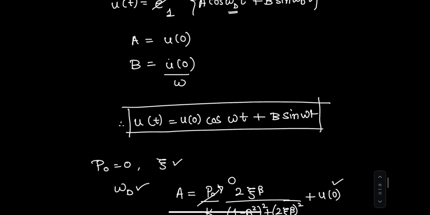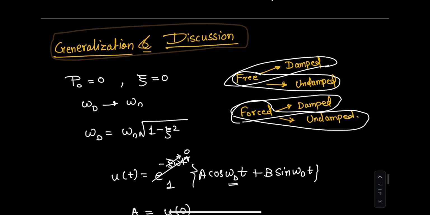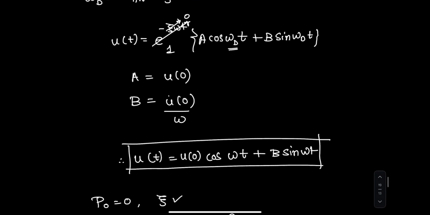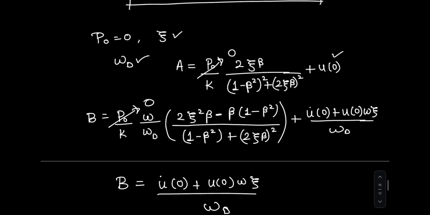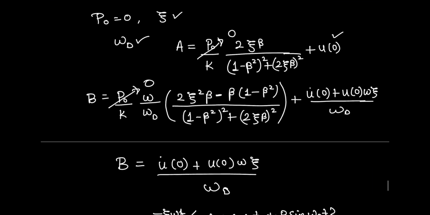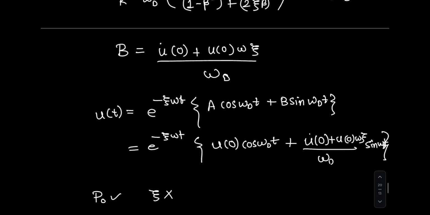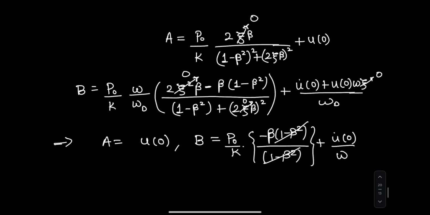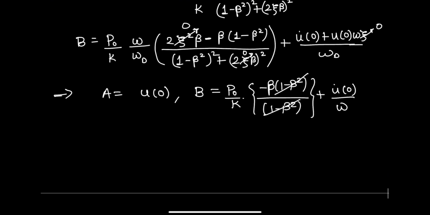The above equations, that is the case of free damped and free undamped, would remain unchanged because we didn't have these terms as P naught was equal to 0. But in this case we do have that term, and so I'll be putting the square here.